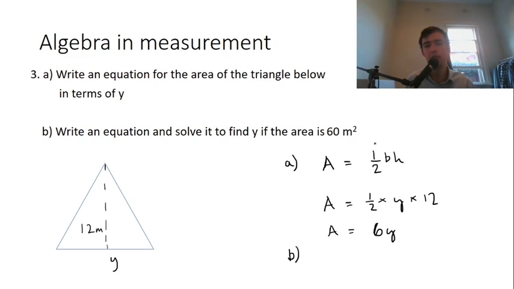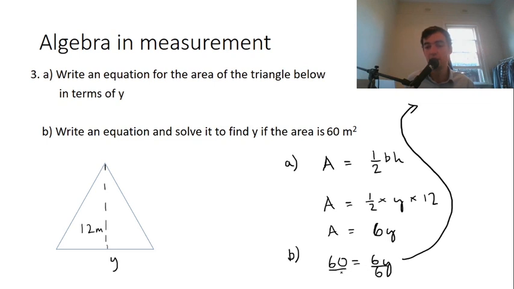Write an equation and solve it to find y if the area is 60 meters squared. All right, so here's our equation actually, but it's not quite the right equation, is it? I can substitute the area in. Let's just do that first of all. So 60 equals 6 times y, but really we need to divide both sides by 6 to get rid of the 6.